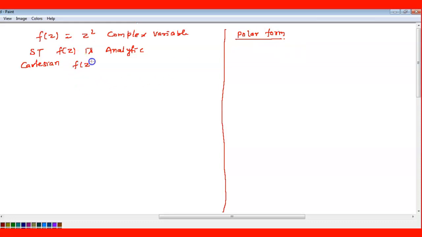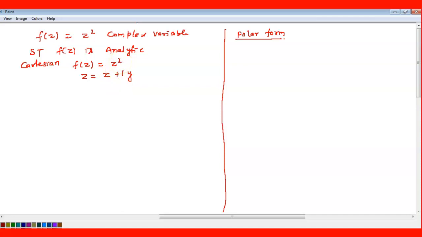So f of z equals z square. In the Cartesian form, what do I have to substitute for z? I will write x plus iy in place of z, and find the real part and imaginary part.